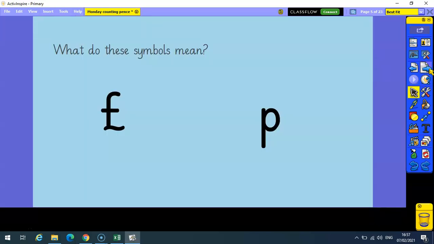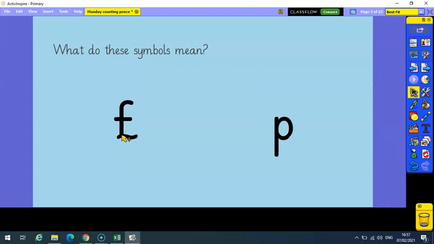What do these symbols mean? Have you seen these symbols before? Can you tell anybody what you know? Okay, so in English money, we have pounds and pence. We call English money sterling.